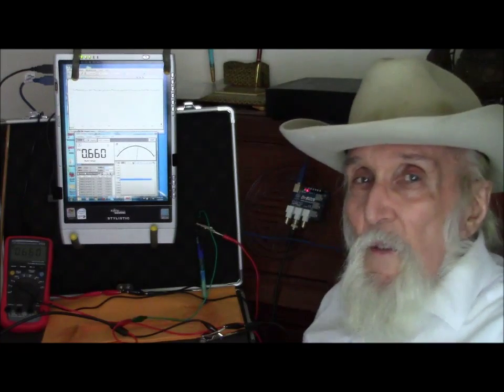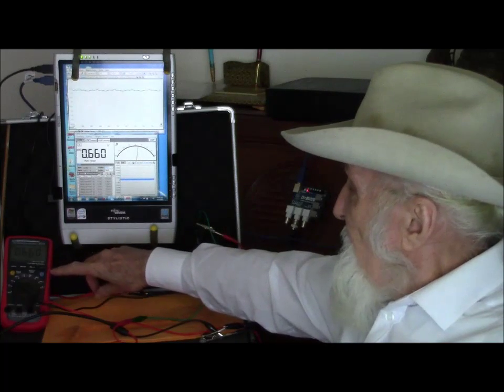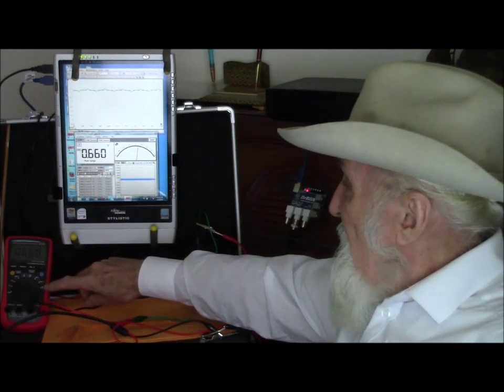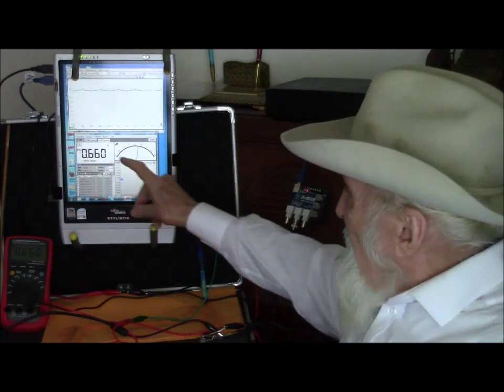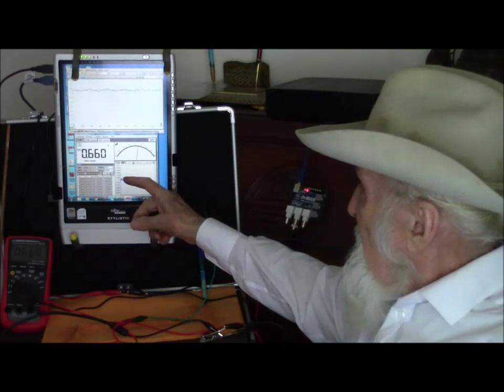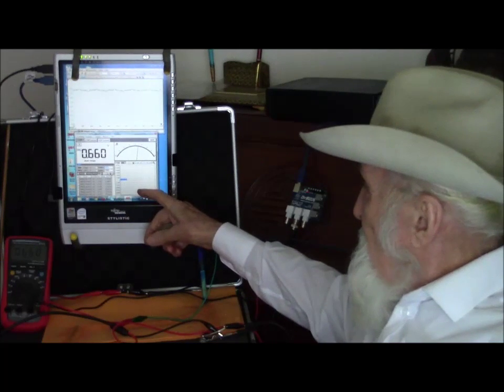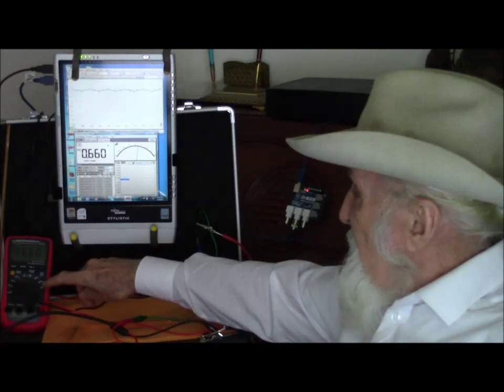Right, so the most common instrument that we use for these surveys is the data logger. This data logger is plugged in to the computer, and this computer displays and records the voltages that are measured by the data logger.